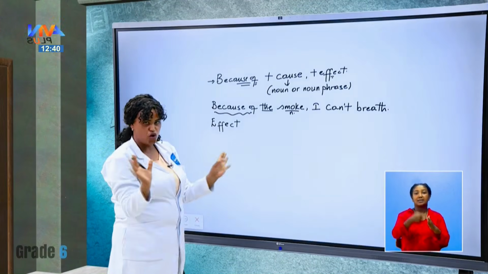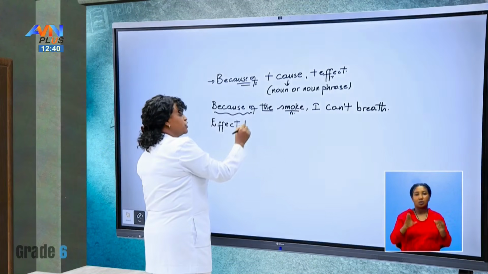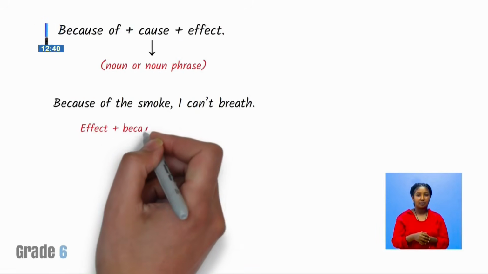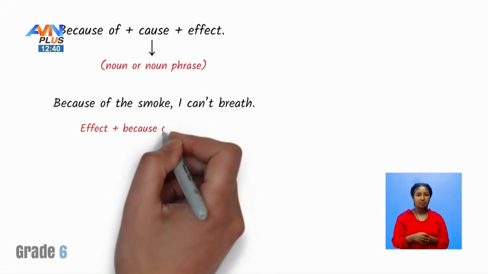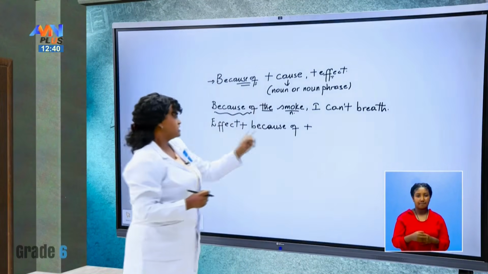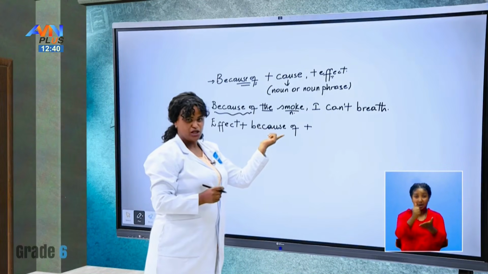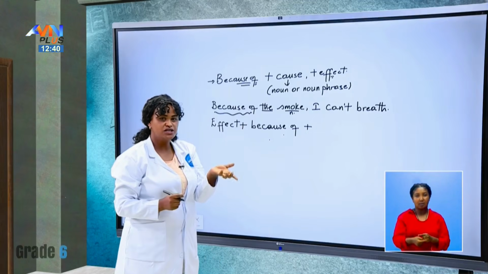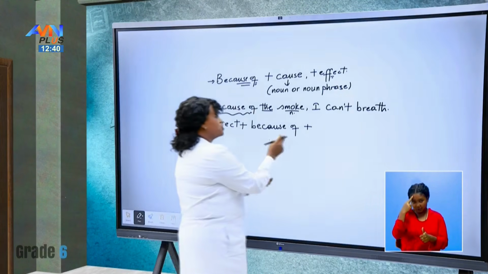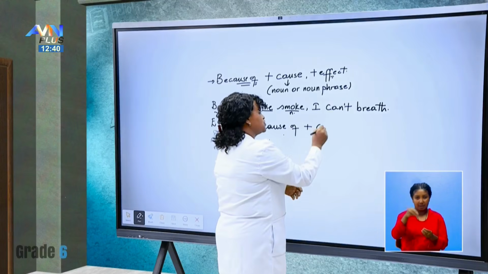This time, no commas. Then, "because of." Then, what comes next is what? Because this word can help us to tell the cause. It is always followed by the cause. So, "because of" plus cause.